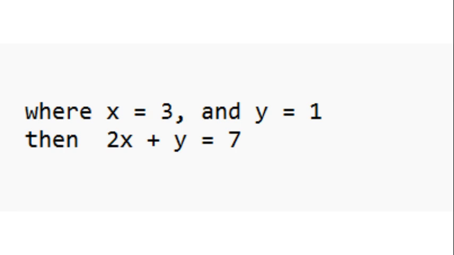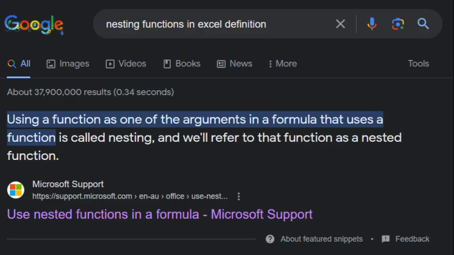For example, if x is equal to 3 and y is equal to 1, you can create a formula with 2x plus y, which is equal to 7. It's pretty much what nesting functions in Excel is. It's where you combine multiple functions to provide you with your desired output.